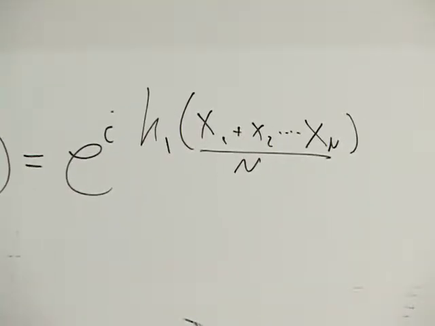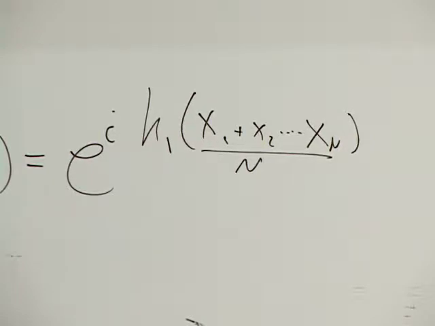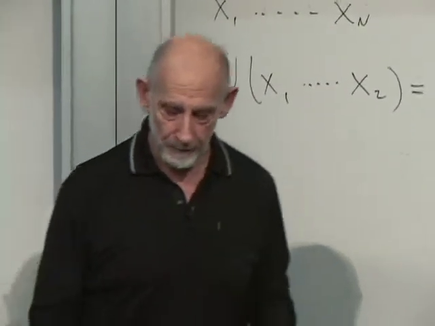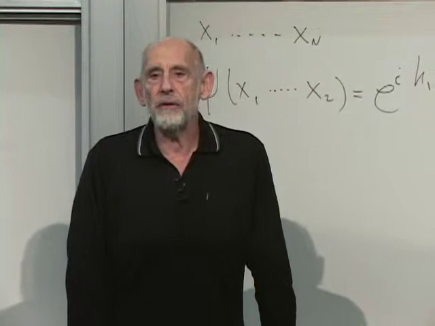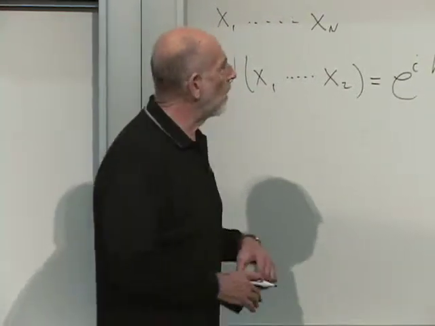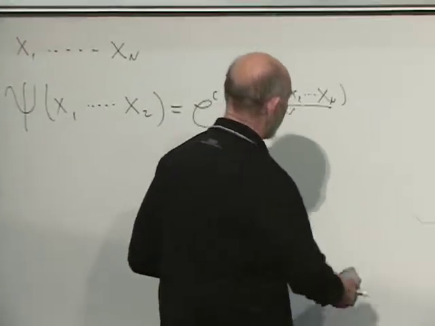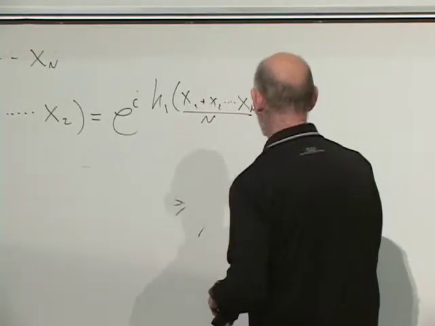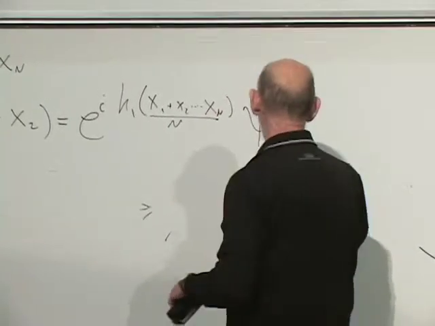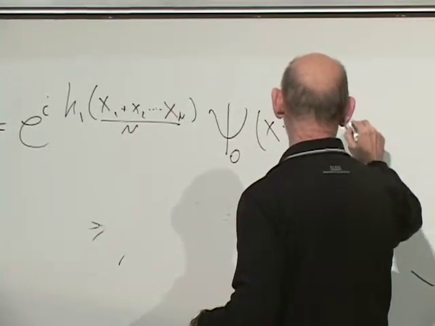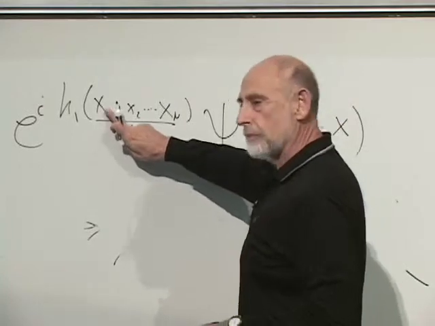Now, what about the rest of the wave function, which depends on the relative coordinates? Not the sum of them, but the distances between the neighboring particles. That's some wave function which characterizes the ground state. It depends on everything except the sums of the x's. It's some wave function, let's call it psi naught for ground state, and it depends on the same x's, but it actually doesn't depend on the sum of them.